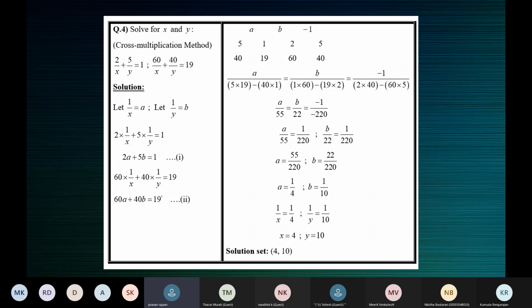Ma'am, first you must put 2 by 60 only, because that is only A, no, ma'am. So you are putting 5 by 40 as B, ma'am. The first term is 2A, so you must put in the A column 2 by 60 only.